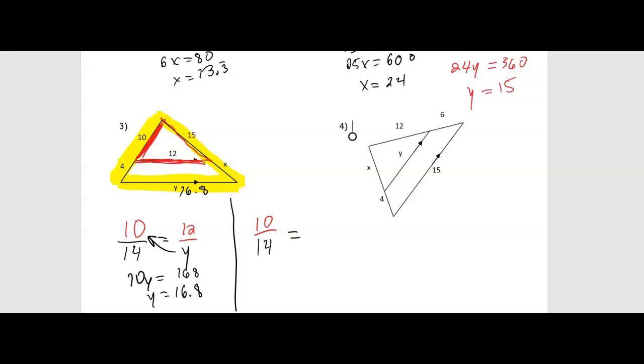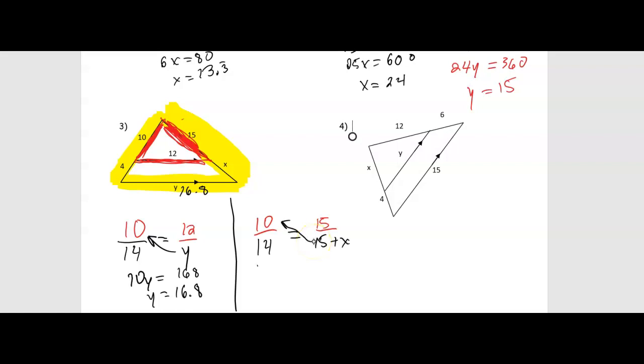And then on this side, take the 15, that's the right-hand side of the small triangle. And then we would want the big right-hand side of this triangle, and the big right-hand side would be the sum of 15 plus x.